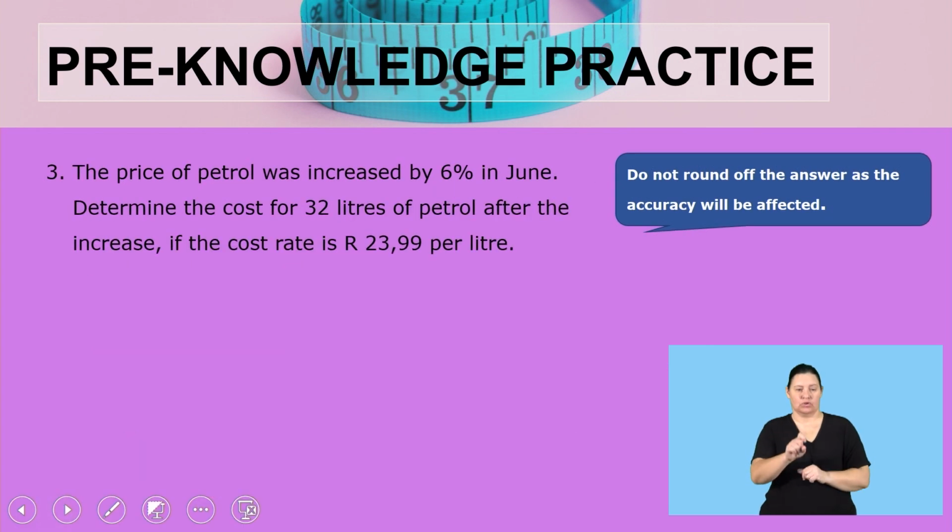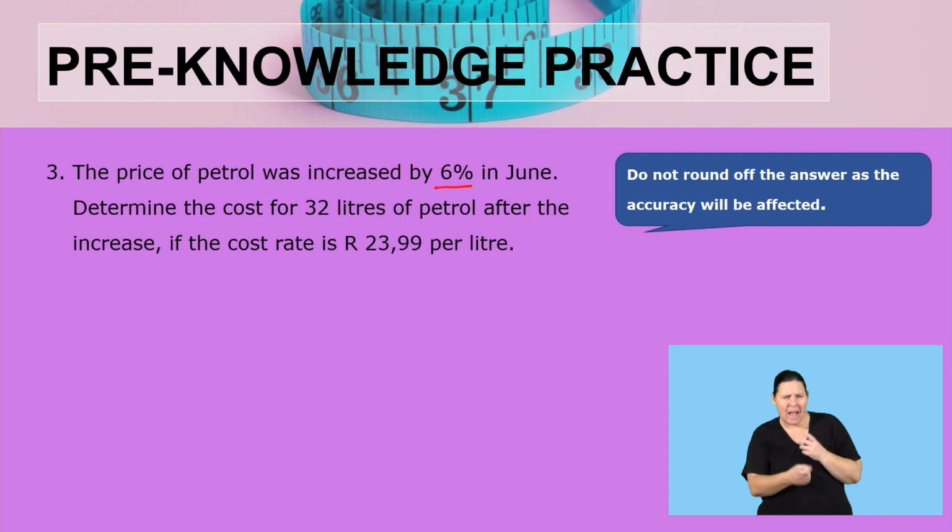Okay, let us take the next question. The price of petrol was increased by 6% in June. Determine the cost of 32 liters of petrol after the increase if the cost rate was 23 rand 99 per liter. This was a challenge question from the previous lesson, so let us continue solving this. Remember now, it is increased by 6%.